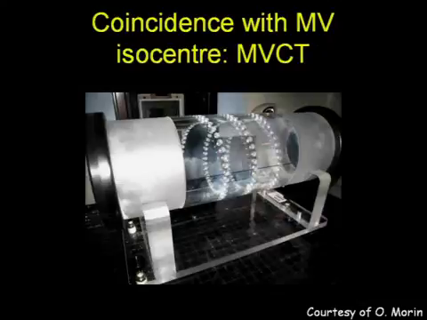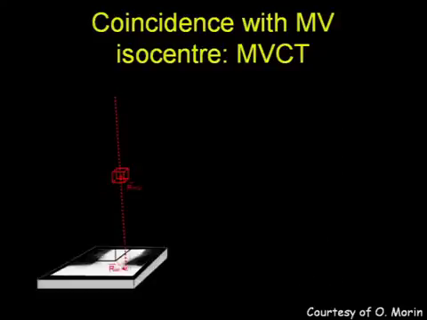Coincidence with MVCT is a little bit more tricky because you need phantoms that provide high contrast with the MV beams that are used. So this is a picture of a phantom that has been developed at UCSF that has been used in order to characterize in 3D the flexes and motions of all the detectors.